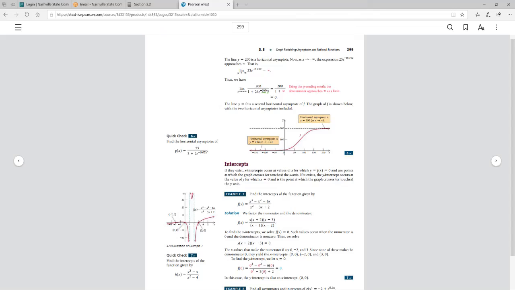In other words, 25 times e raised to that power is getting larger and larger. It's approaching infinity. Well, if you take infinity plus 1, that's an even larger number. That means that the denominator is getting larger and larger and larger, which means that the overall fraction is approaching 0.